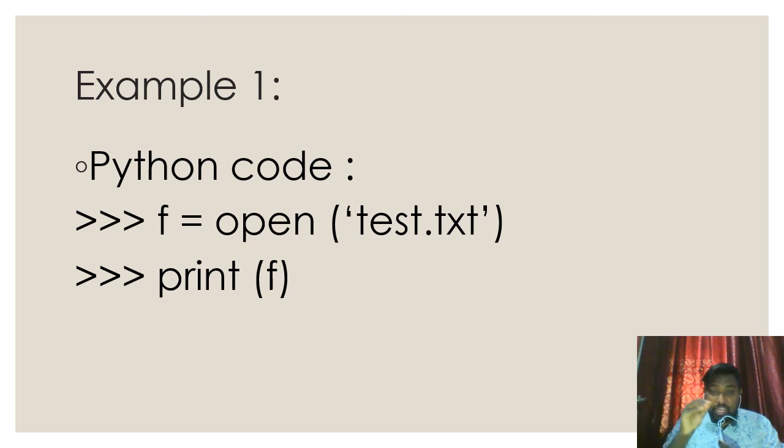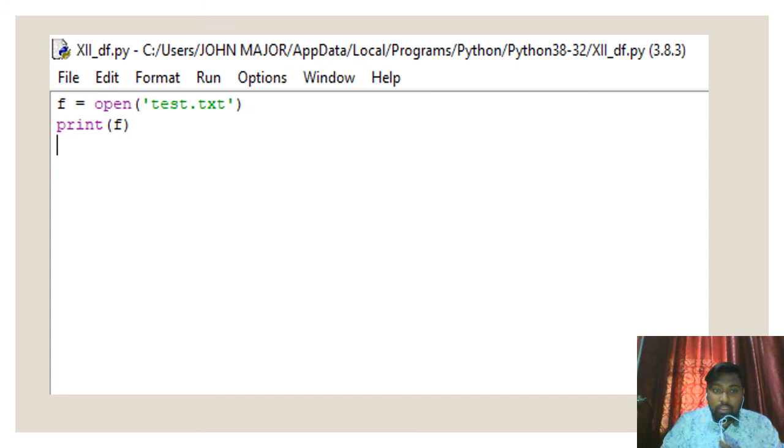That is read mode. So I have applied these codes in the program: f equals open of test.txt, it's a text file, and the default mode is read mode. Now we are going to print that we are opening the test.txt.